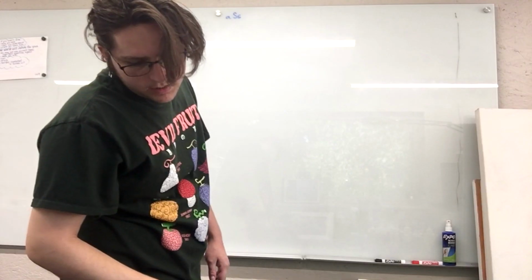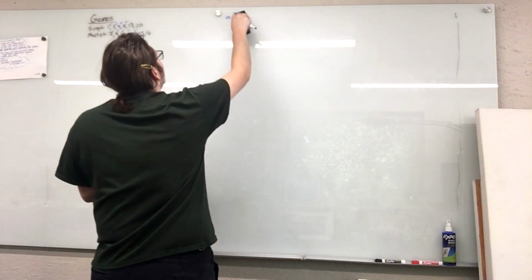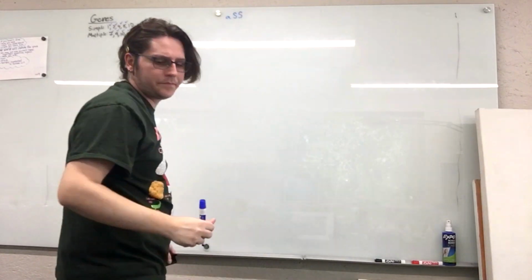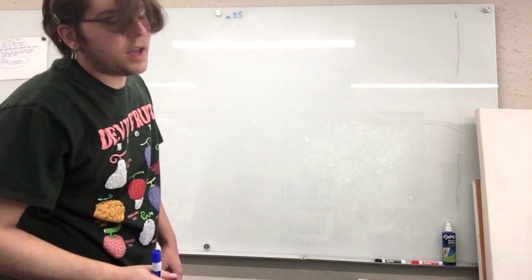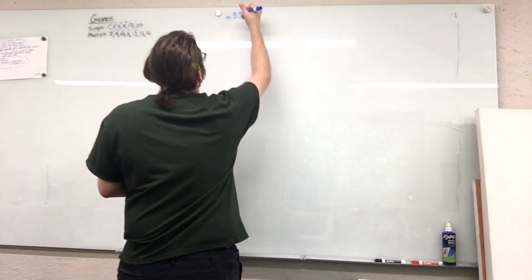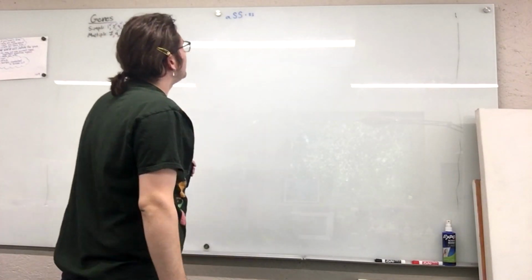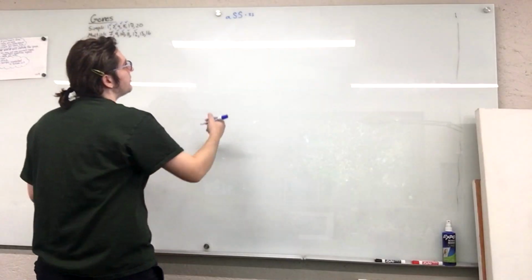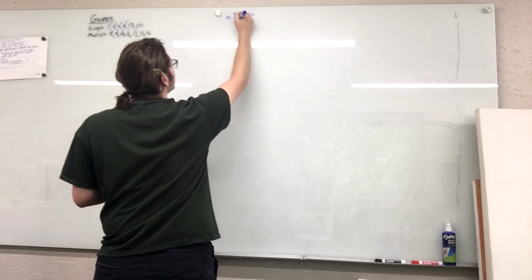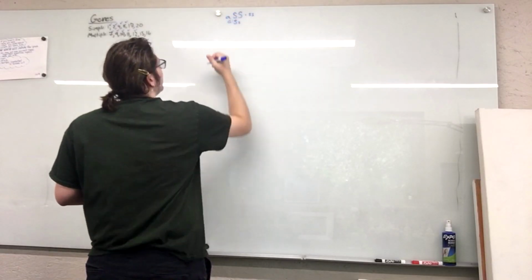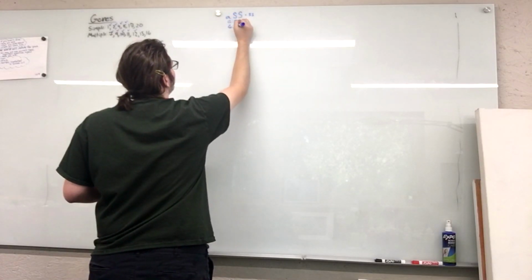Tall homozygous dominant plant crossed with a dwarf plant. This is a homozygous dominant with a homozygous recessive, so the genotype we're going to end up with is just going to be heterozygous, and the phenotype is just going to be tall.